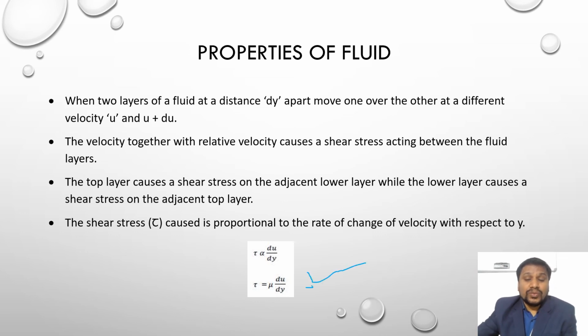What is mu? Mu is the constant of proportionality, and it is known as viscosity or dynamic viscosity. So tau is equal to mu du by dy.